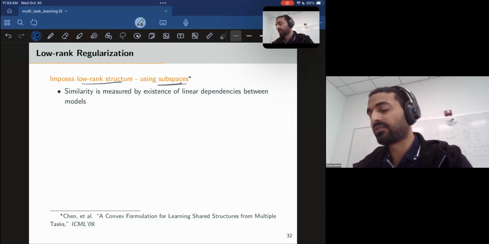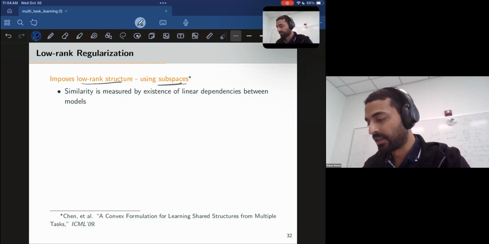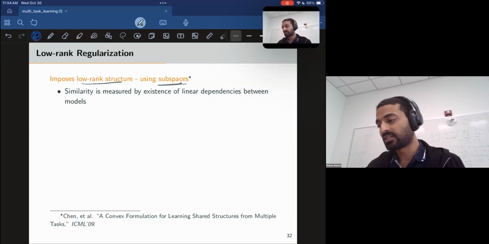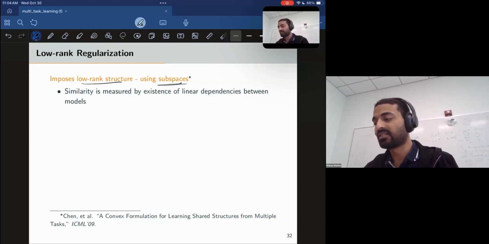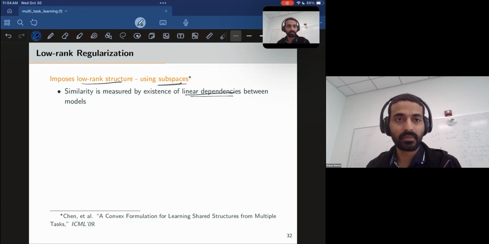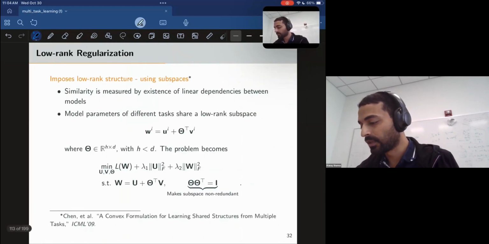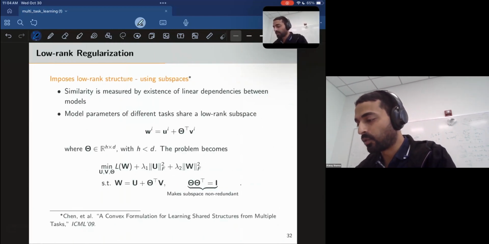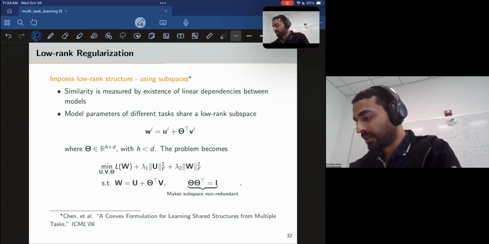First, let's discuss how we enforce it using subspaces. When we impose low rank structure, essentially what we are saying is that the models have to share some linear dependence, right? So this is how this low rank structure is enforced.